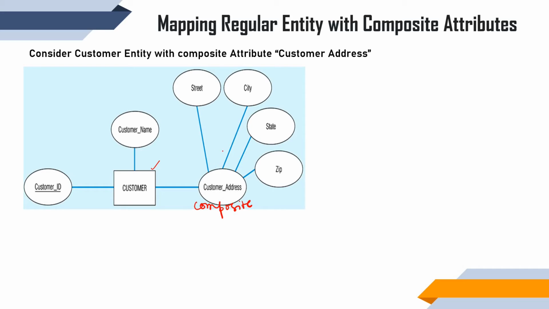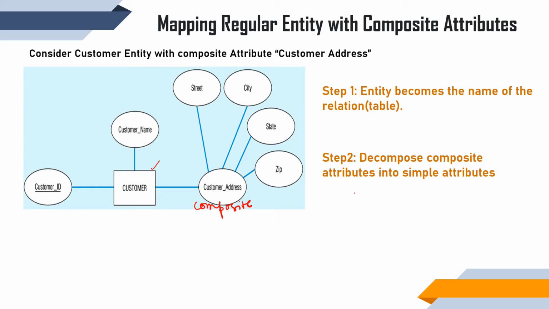It is a composite attribute. So what shall I do whenever I want to map this kind of regular entity into table structure? First step is common. That means you take the name of the entity and form a table which has got the same name as that of the entity. That means here the entity name is customer, so the table name will also be customer. Step 1 is not a problem.